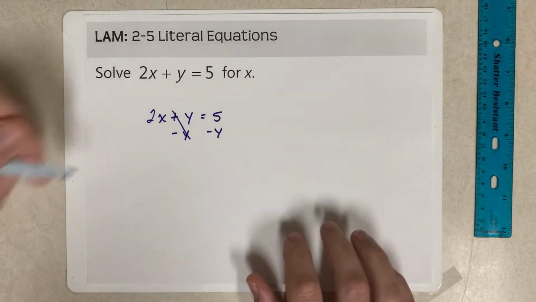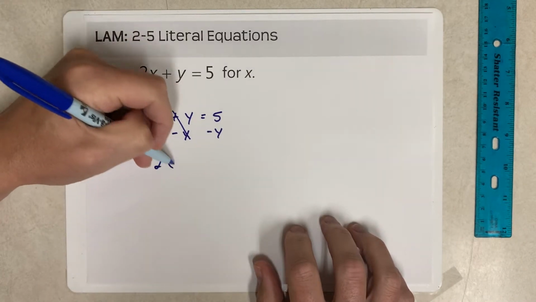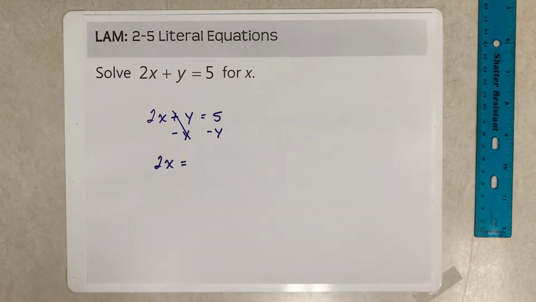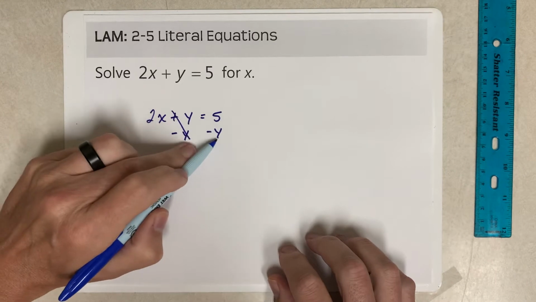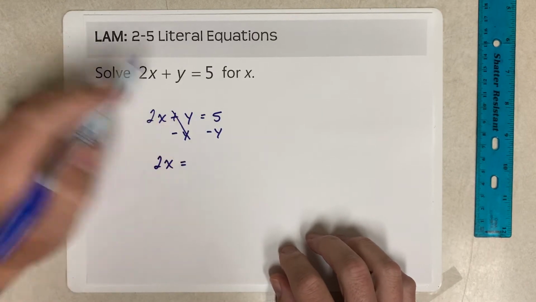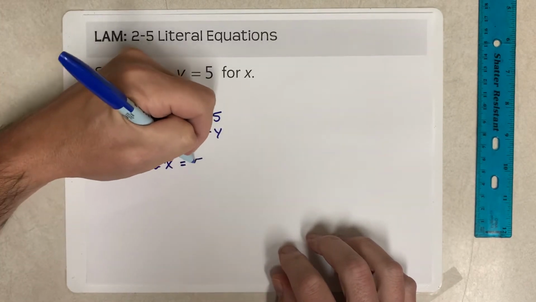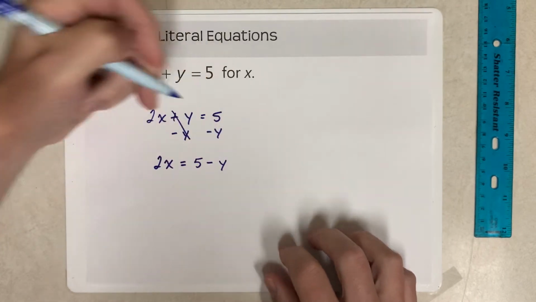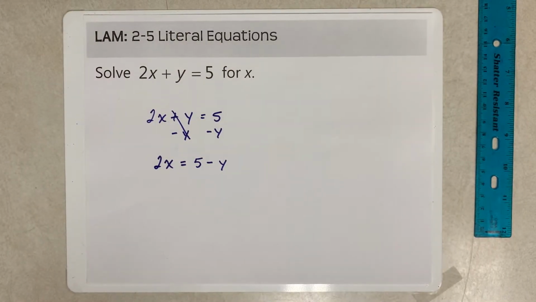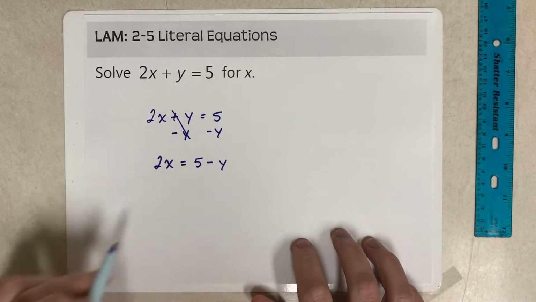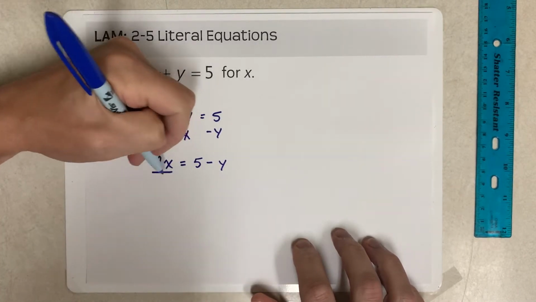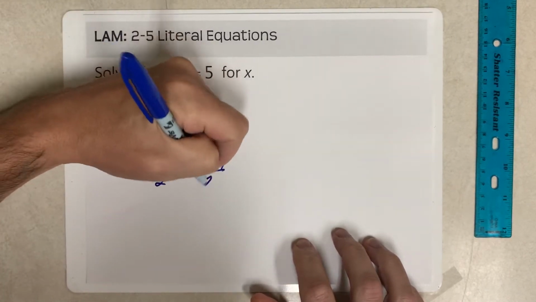When I do that, I'm going to bring down my 2x equals, and now I have a choice. I can either write 5 minus y or negative y plus 5. I'm going to choose to write 5 minus y. It really doesn't matter which one you put first, as long as it's mathematically correct when you put them together, like that. Now I'm going to divide by 2 to get x by itself.